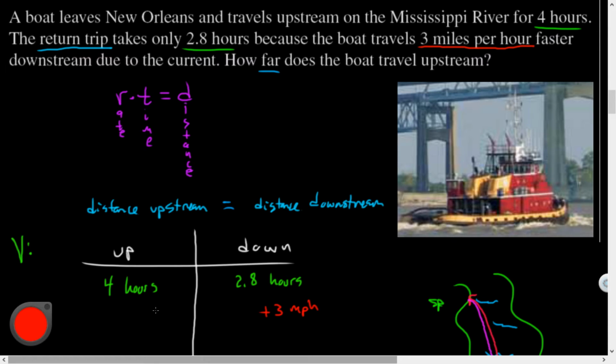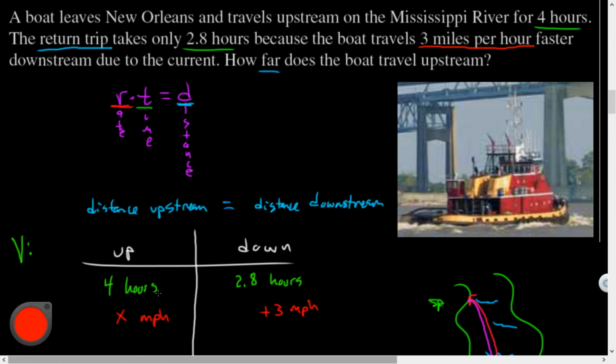So let's see, I don't know how fast it was traveling when it was going upstream, do I? Let's just call that x. So we'll call that x miles per hour for my speed, or my rate. My time, let's see, distance we were doing in blue, and my time I was doing in green. Okay?